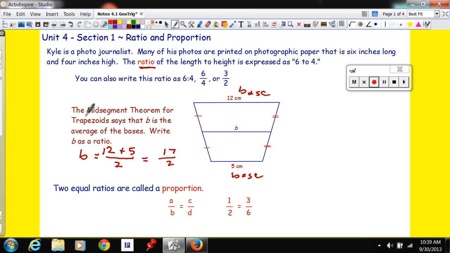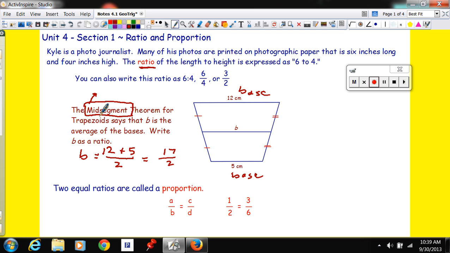Now I want to highlight for a second the word mid-segment. You're going to see mid-segments. They're not only in trapezoids. Triangles have mid-segments. Squares have mid-segments. Rectangles, parallelograms, they all have mid-segments. And in geometry, you're going to hopefully notice that what they call something is basically describing what it is.